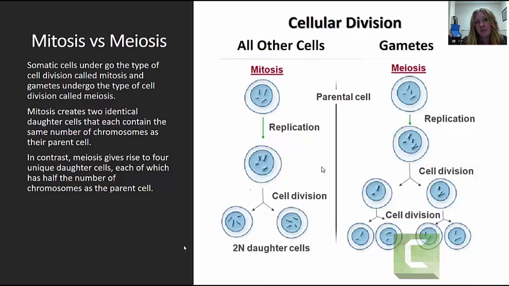Whereas in meiosis, one parent cell is going to eventually make four daughter cells. These four daughter cells are not clones of each other. They are not genetically identical. So this is where we get genetic variation, and I'm very happy that I don't look exactly like everybody else.